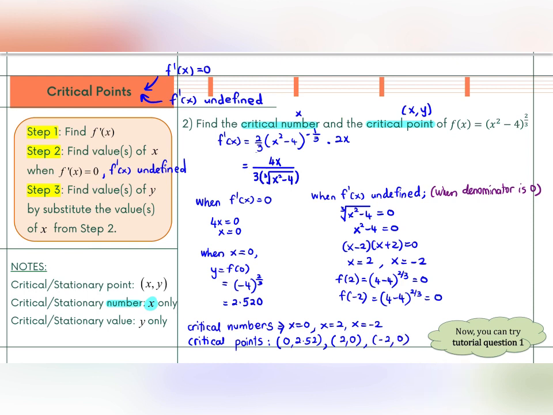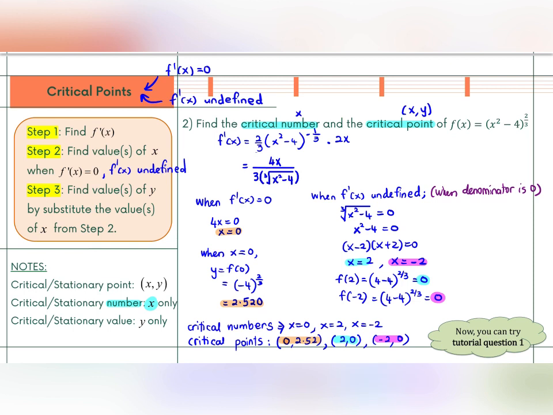Okay, so saya lurikkan. Bila x kosong, kita dapat y equals to 2.52. Okay, and then bila x equals to 2, kita dapat y equals to 0. When x equals to negative 2, kita dapat y equals to 0 juga. So, ini adalah jawapan-jawapan dia.